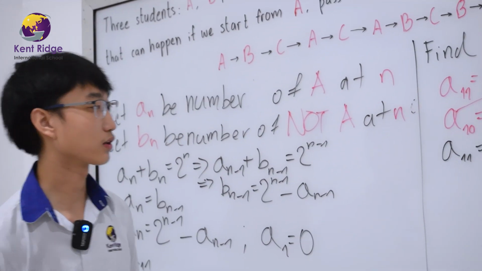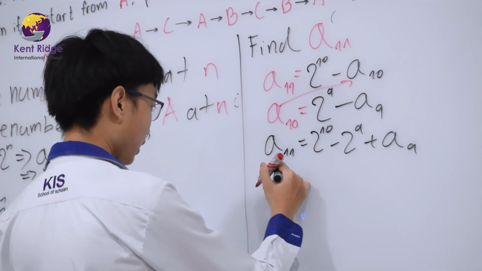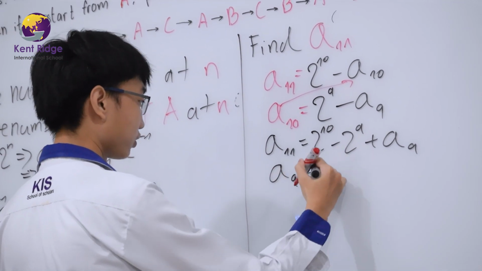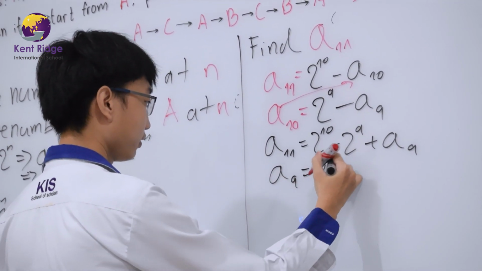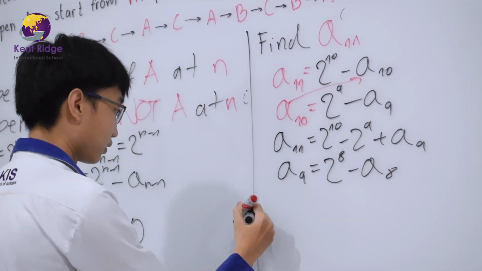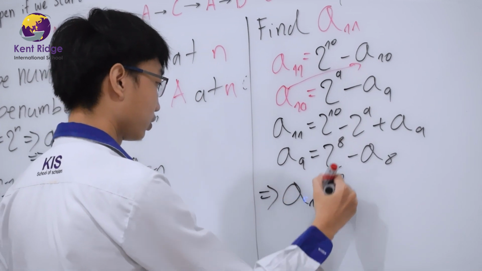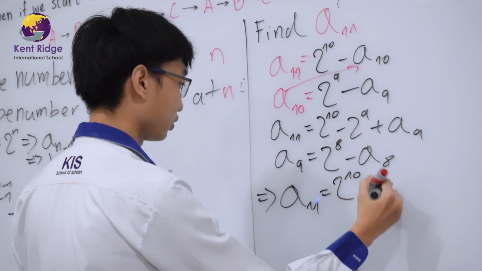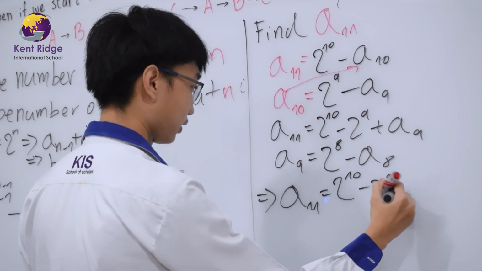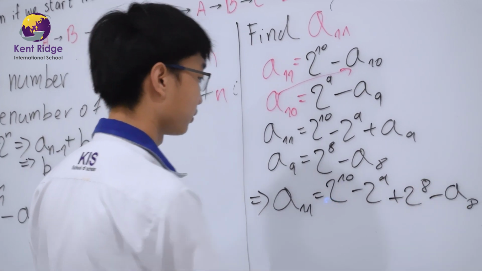The pattern is not clear yet, so we'll do another iteration. A9 is equal to 2 to the 8 minus A8. Therefore, A11 is equal to 2 to the 10 minus 2 to the 9 plus 2 to the 8 minus A8.